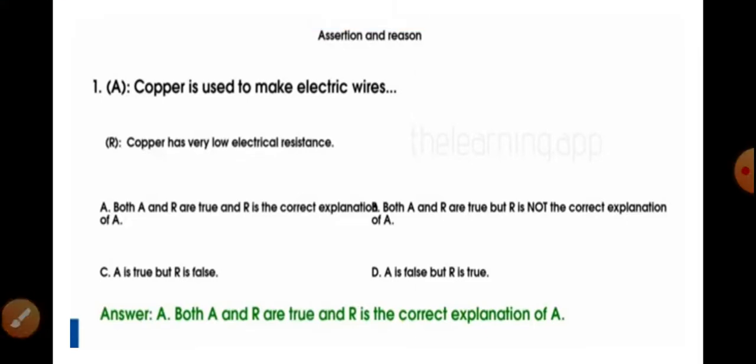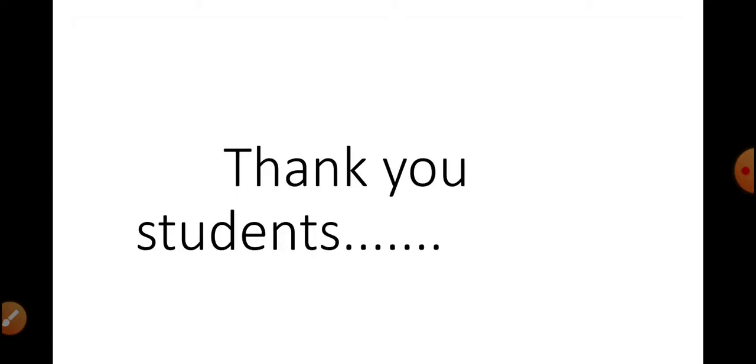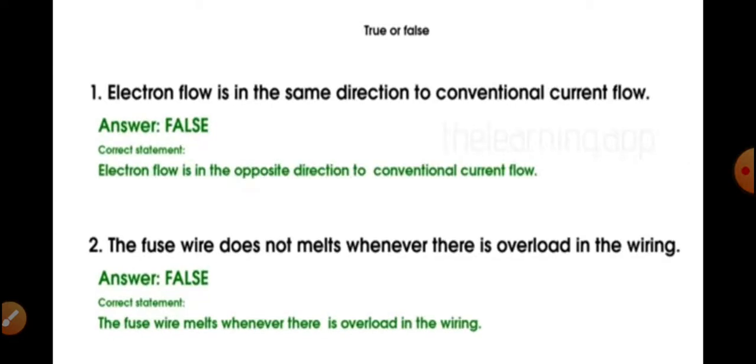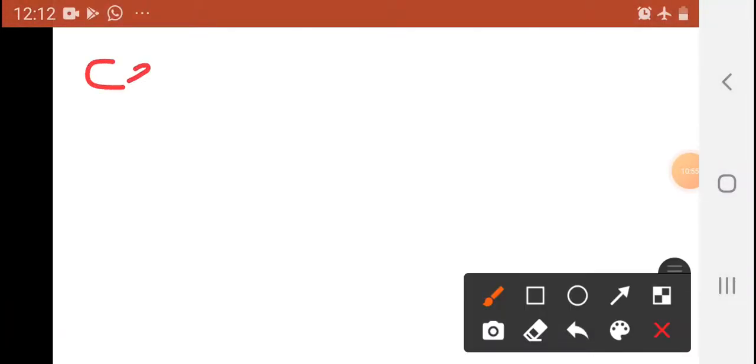So I think the last one is assertion and reason. I think previously that book itself gave match the following. Cell, yeah, first one is match the following.